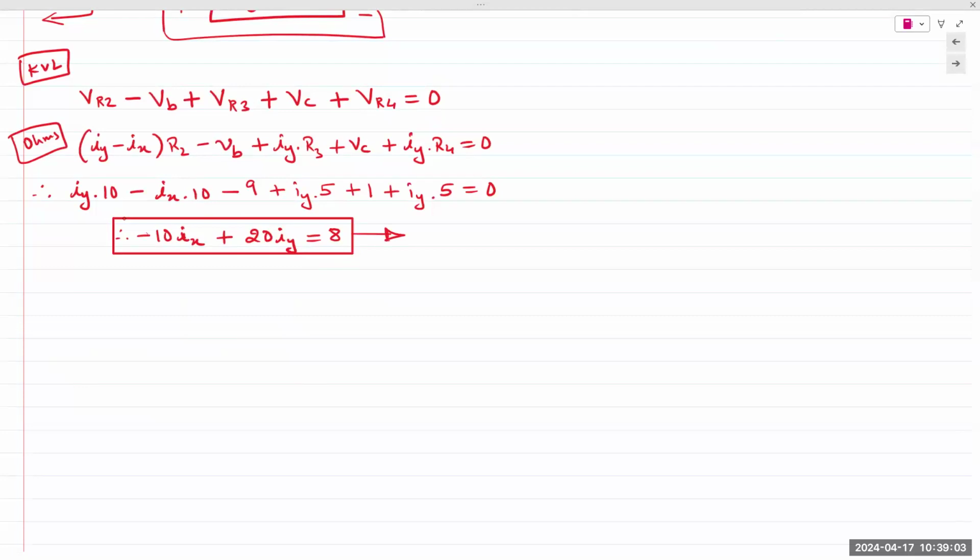Let's call this equation 2. You solve equation 1 and 2 with any method you're comfortable with. You can solve it manually, plug it into your calculators, use MATLAB, which I will show now.